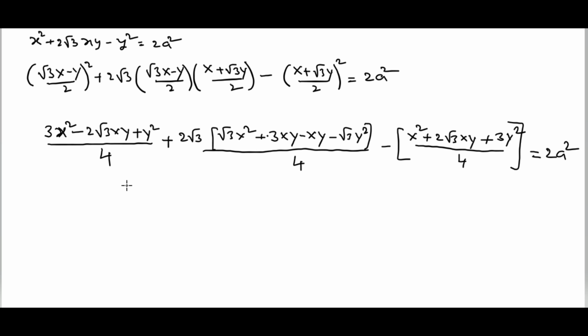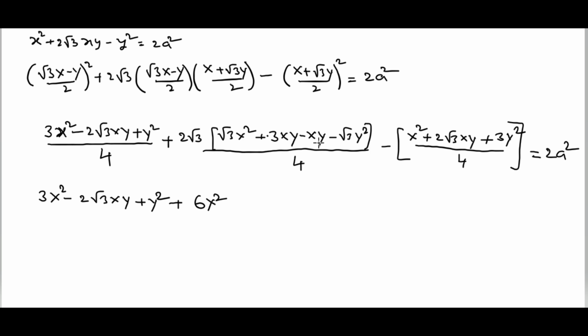So take LCM, and this LCM is 4, that is 3X square minus 2 root 3 XY plus Y square, plus 2 root 3 into root 3 X square, that is 2 into 3, 6X square.